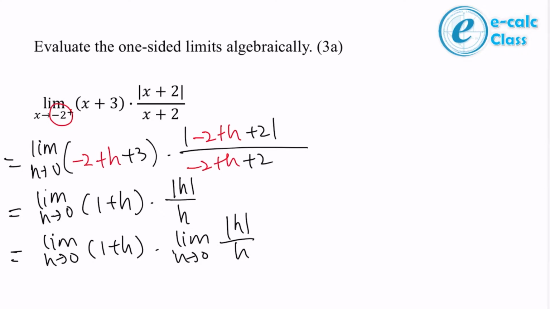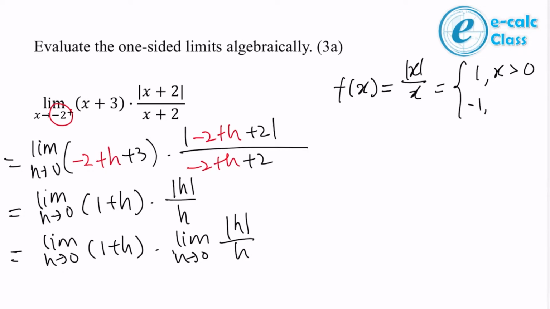So, you know that if you have a function f of x equals the absolute value of x over x, how does the function look like? It is actually 1, isn't it? It is 1 when your x is greater than 0.